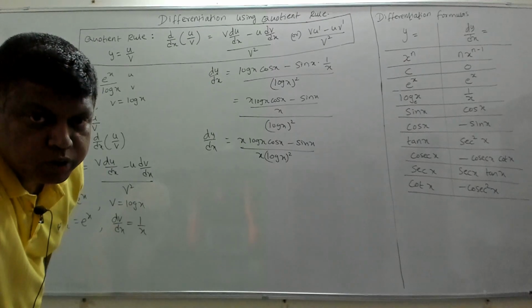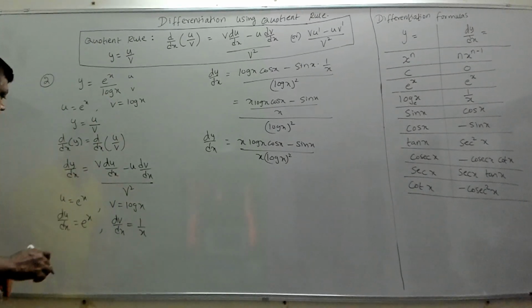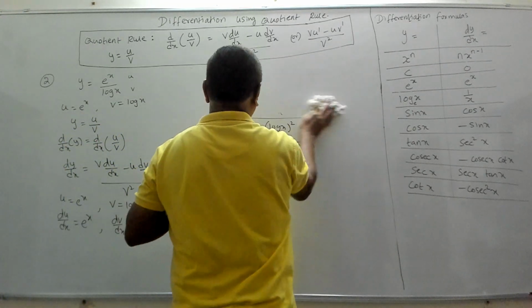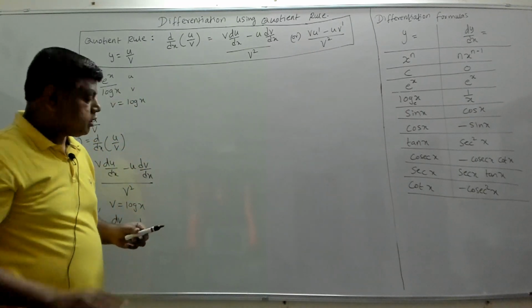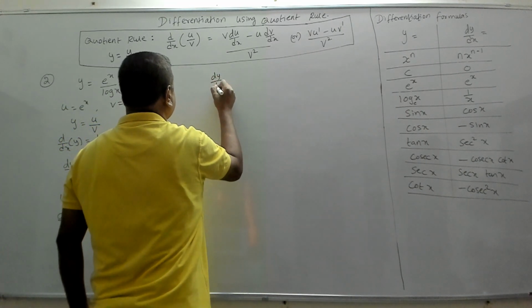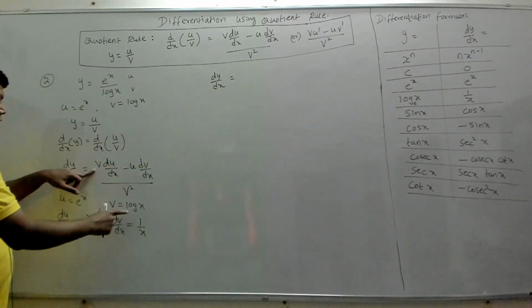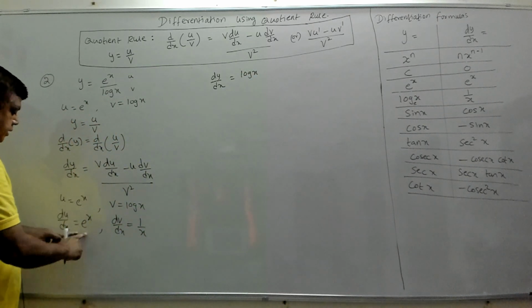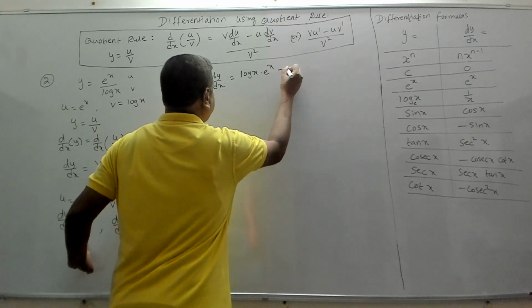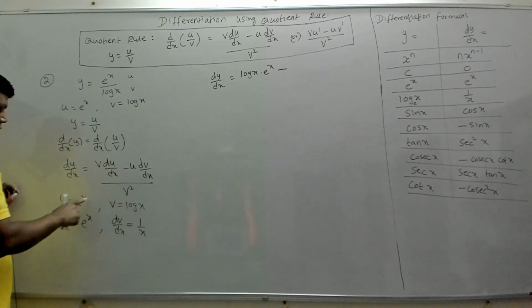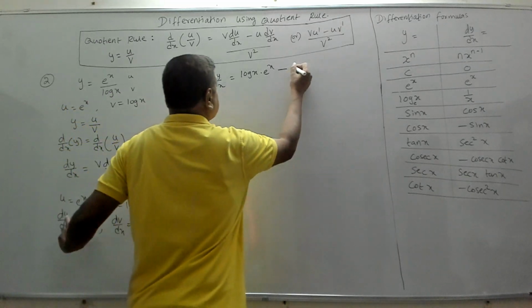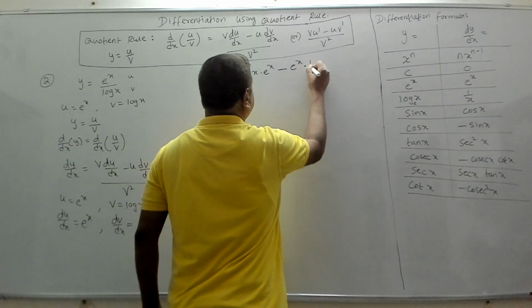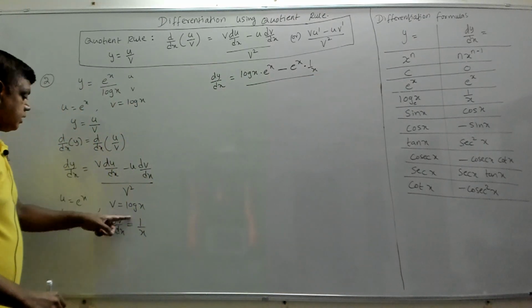Now we will substitute the values in the formula. So dy by dx is equal to v, which is log x, into du by dx. du by dx is e power x, into e power x, minus u, which is again e power x, into dv by dx. dv by dx is 1 by x, all by v square. v is log x, so log x the whole square.